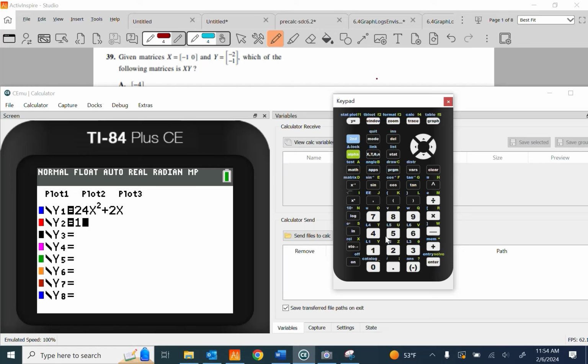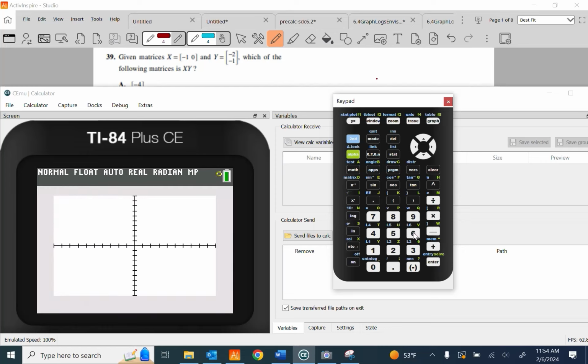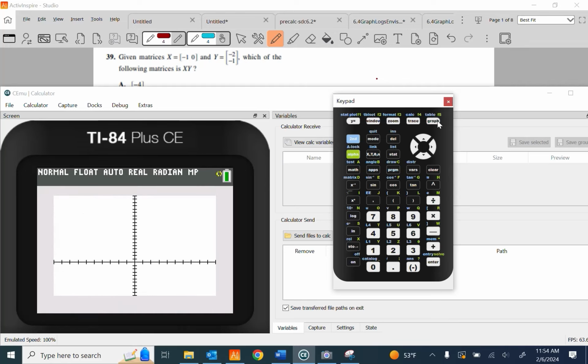Throw a 15 in Y2. Zoom 6. Window. Look up 20 units because we put a 15 in Y2. Hit that graph key.